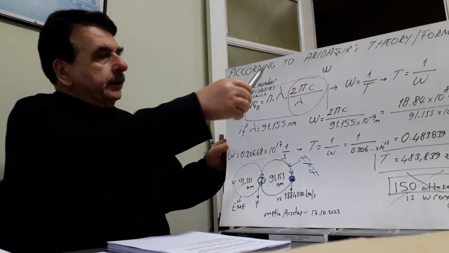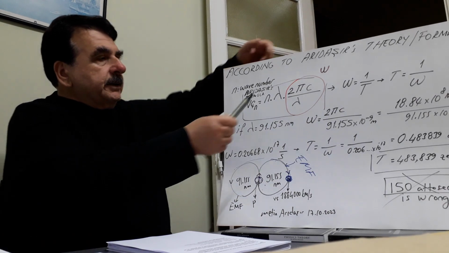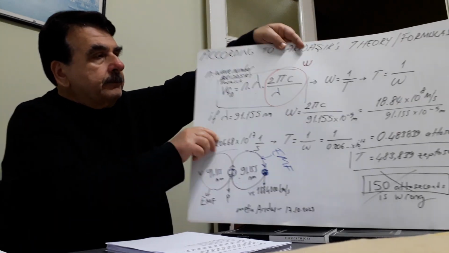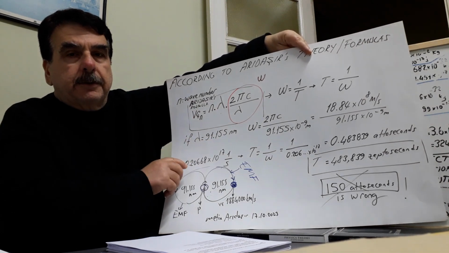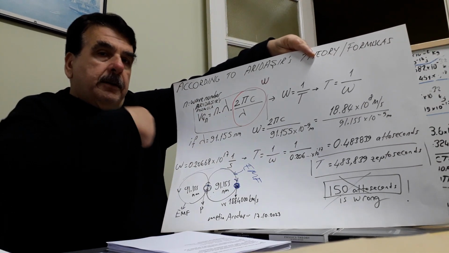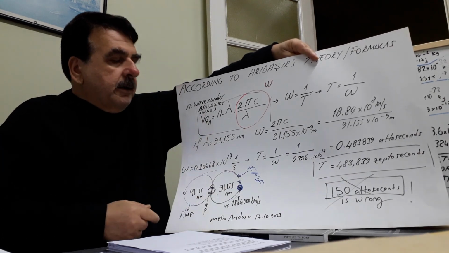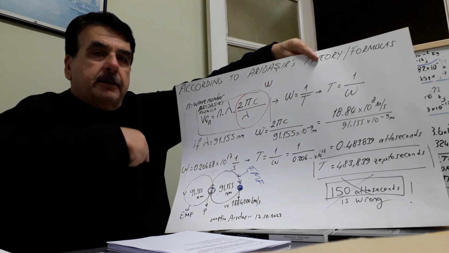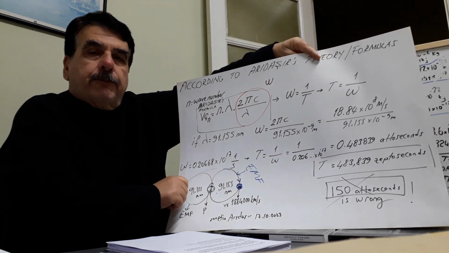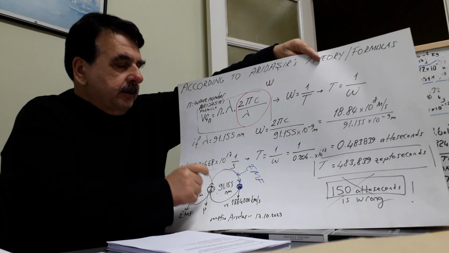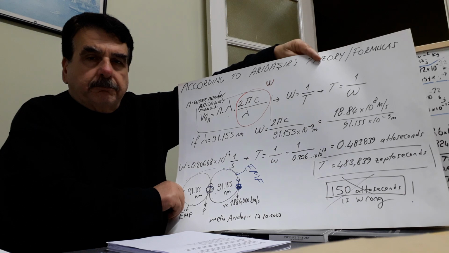4. Here, one of my formulas is here. Now I will compute one revolving, one orbiting of photon around a proton in hydrogen atom.